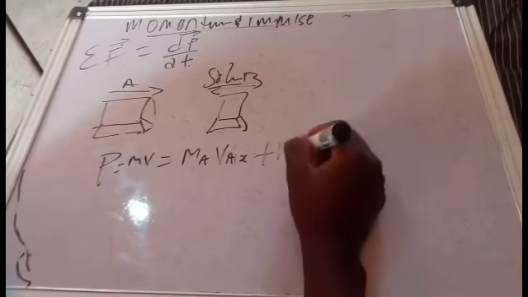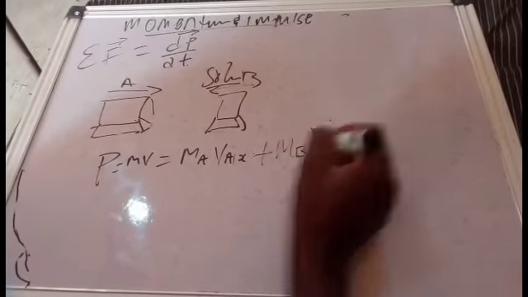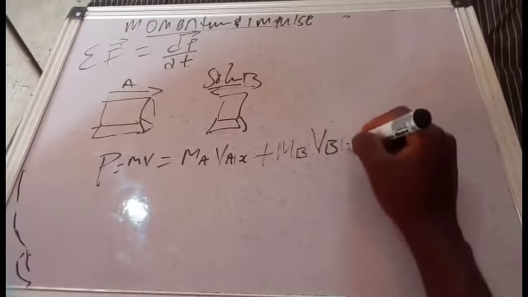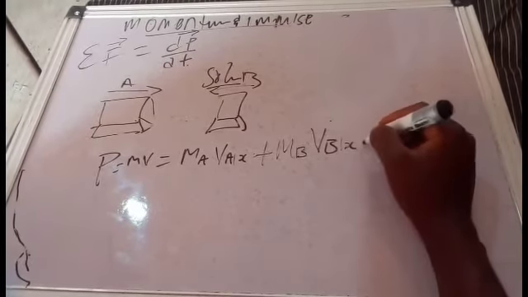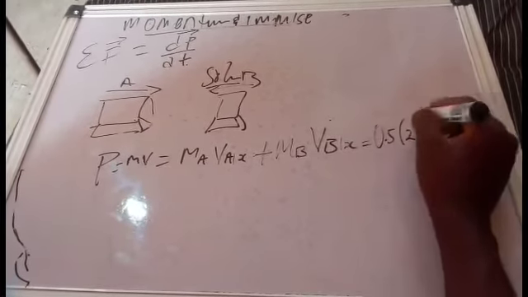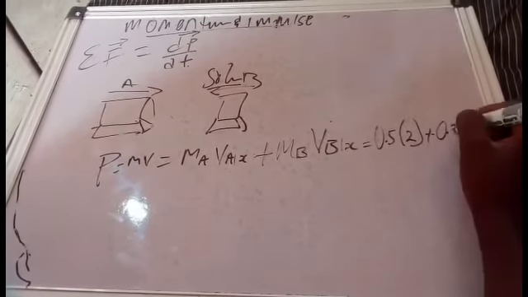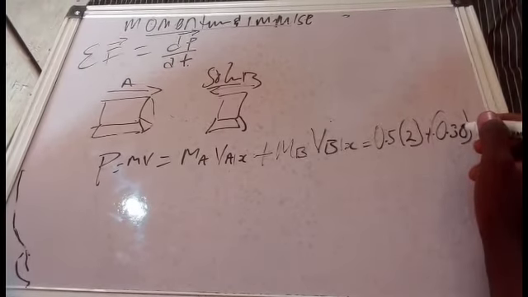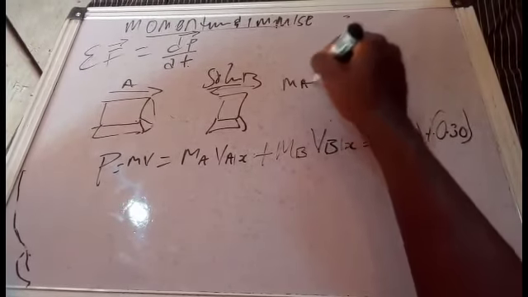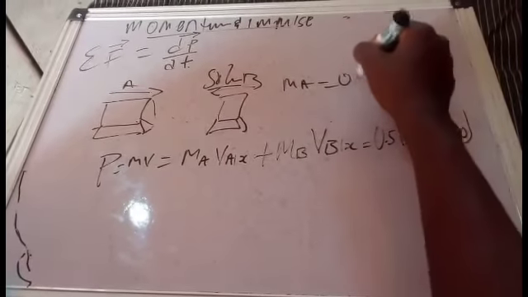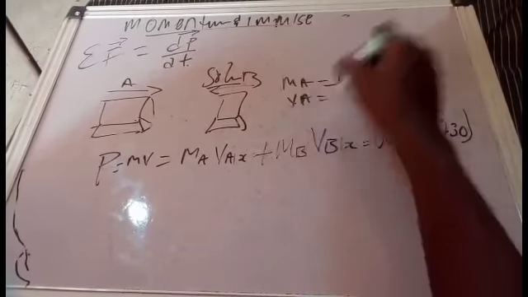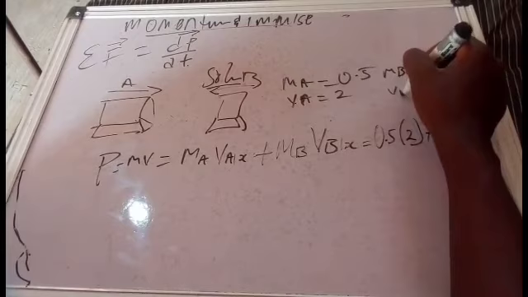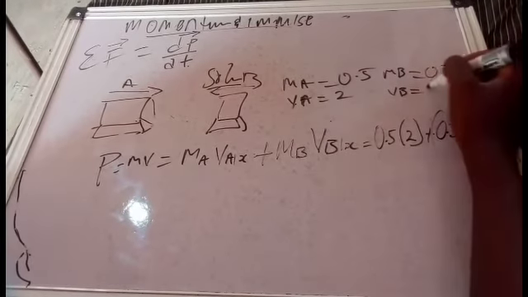This one will now be m_B v_B1x. Calculating that, we have 0.5 multiplied by 2 plus 0.3. The magnitudes are not given, so let us say m_A is 0.5, moving at a velocity of 2, and m_B is 0.3, moving at a velocity of 2 also.